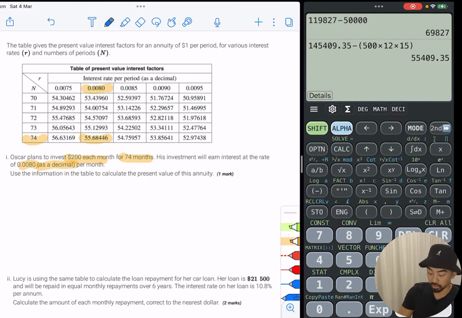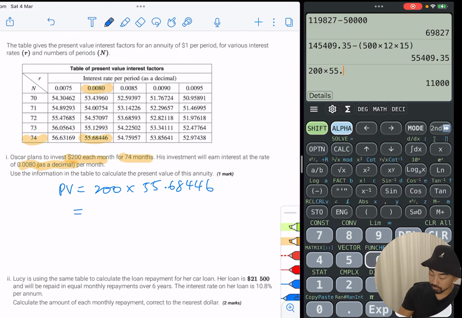Okay, so let's pop that in. His present value is going to be his contribution times his interest factor, 55.68446. So it's $11,136.89.